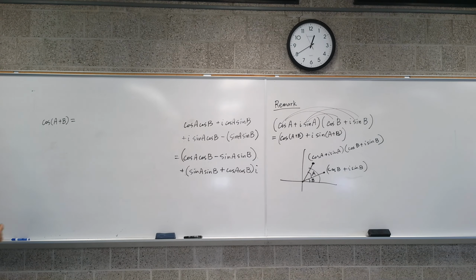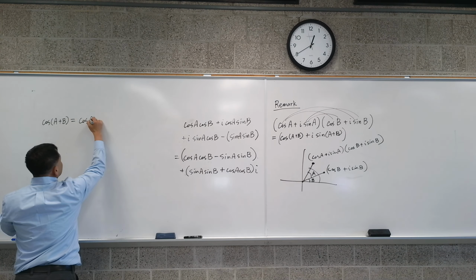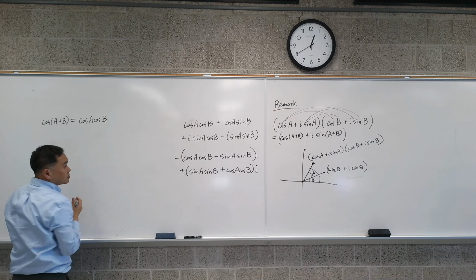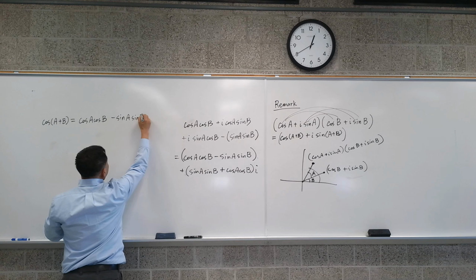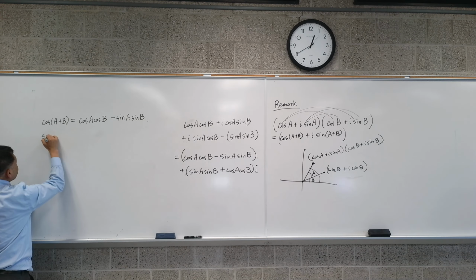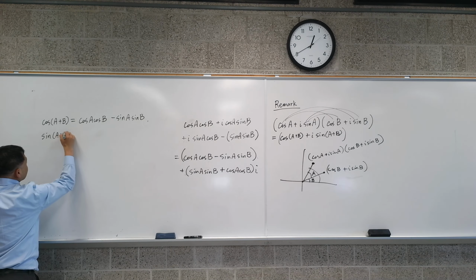Cosine A cosine B minus sine A sine B. And then sine A plus B is equal to?